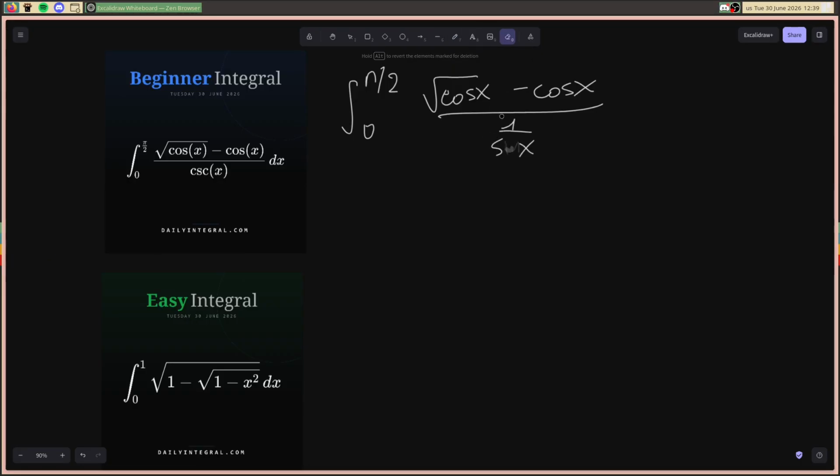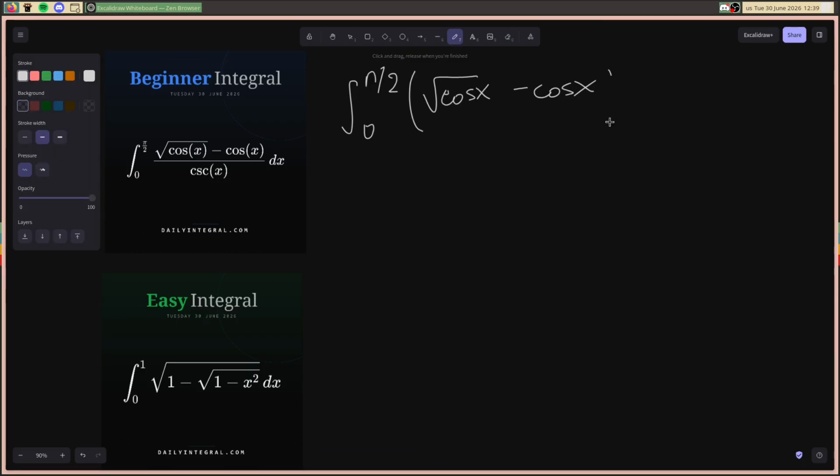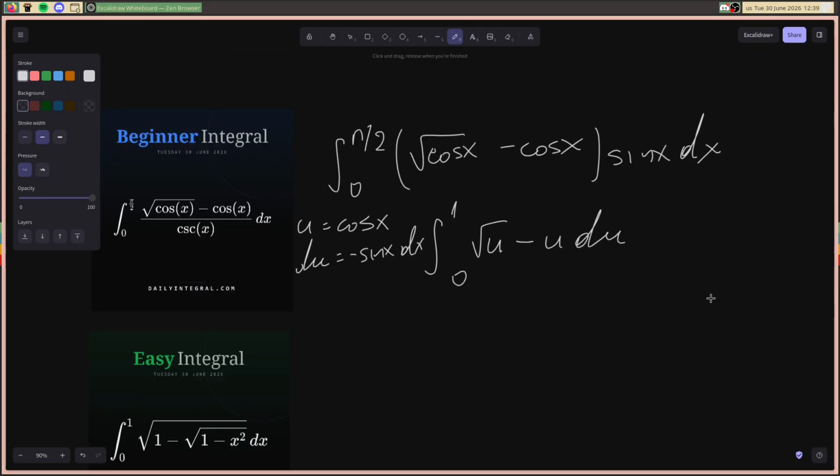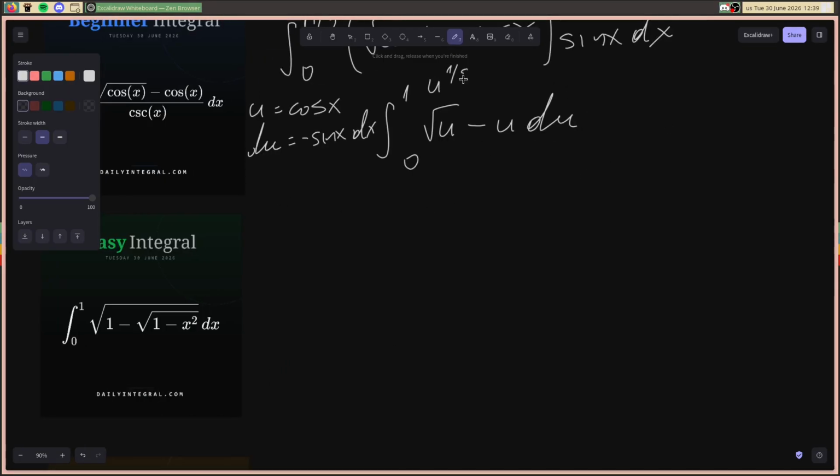So this is actually just this times sine x dx, and then if we let u equals cosine x, you get the integral from, well, du is negative sine x, so you get the integral from 0 to 1 of square root u minus u du, which evaluates to, well, this is u to the 1 over 2, so this is 2 over 3 u to the 3 over 2 minus u squared over 2 from 0 to 1.